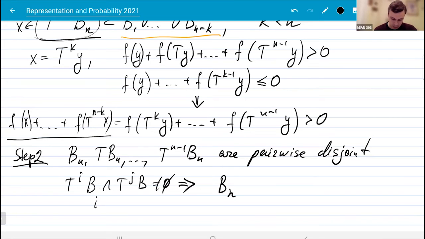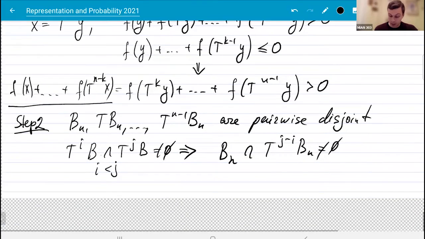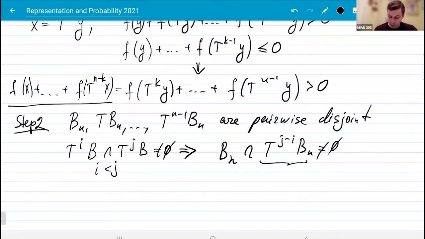Say, for example, if i is less than j, then Bn intersection with this is also non-empty. And this is not possible because this belongs to B1 to Bn minus 1, and we know that the Bn's are disjoint.